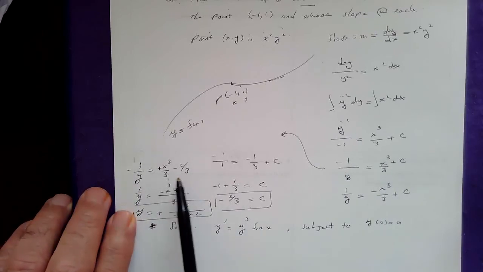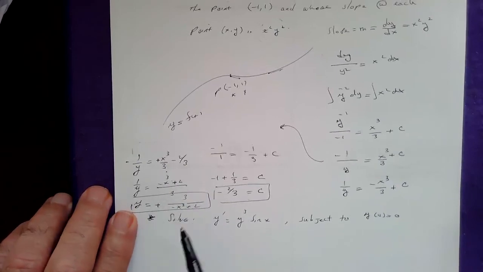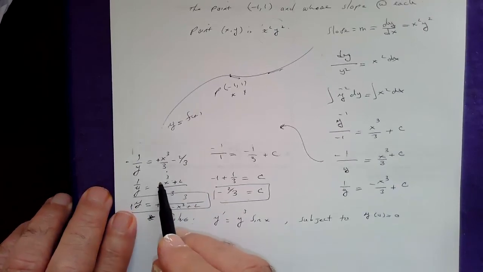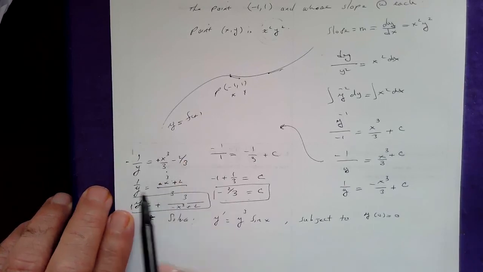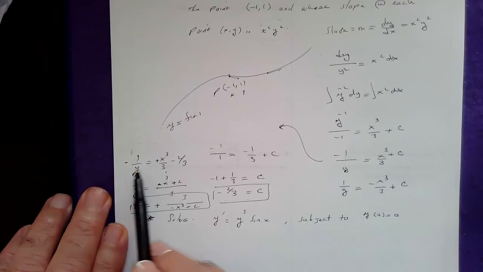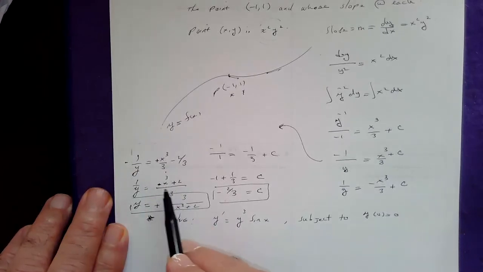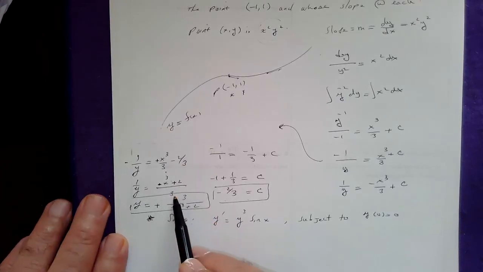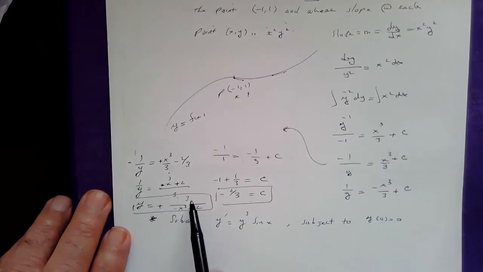But now if you combine or add these fractions, you get positive x cubed minus 2. But if you remember, there's a minus here. So if you multiply both sides by negative, that guy becomes negative x cubed plus 2 all over 3. Reciprocate the fraction. The final answer is positive 3 over negative x cubed plus 2.